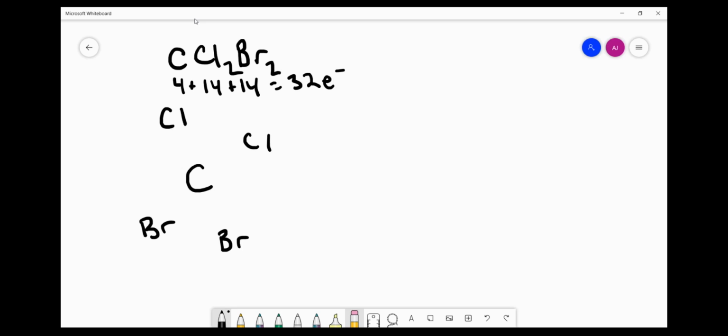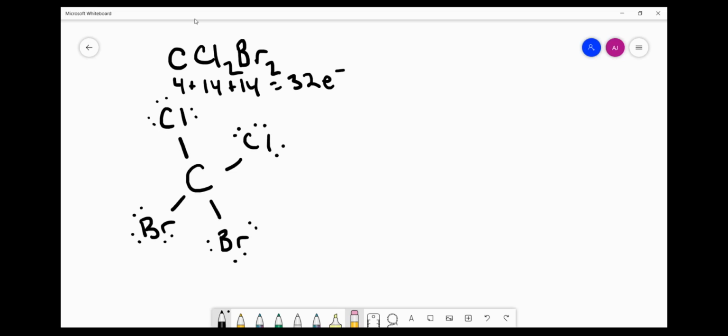Okay, my first step, I'm going to draw a straight line representing a bonded pair of electrons. So I've used up 2, 4, 6, 8. Next, I'm going to go to the outside elements and complete their octets.